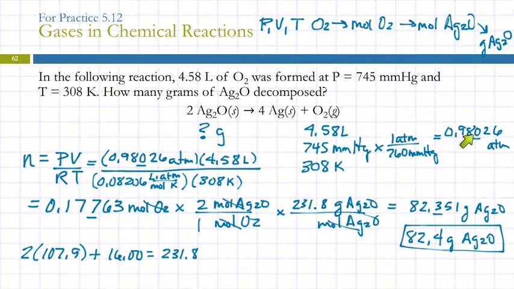This is exact. So this has 3 sig figs, but I'm carrying 2 extra digits to avoid rounding errors. The volume has 3 sig figs. This ideal gas constant has 4. The temperature has 3. So then this amount of moles had 3 sig figs. And this is exact. This had 4 sig figs, so my final answer has 3 sig figs.